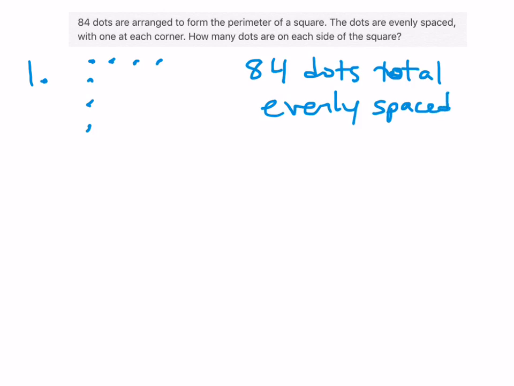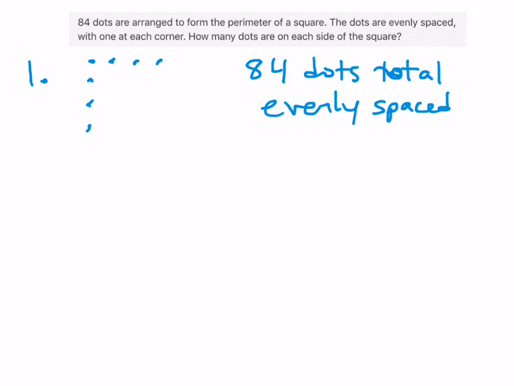Well, it implies that there are the same number of dots on every edge of the square. So they're not all squished onto one side or along one corner. And then we know that there are dots at the corner of each square. So we know that this thing will actually look like a square when we draw the dots. It's not any sort of weird arrangement.